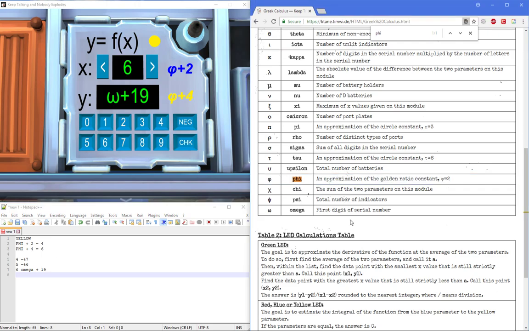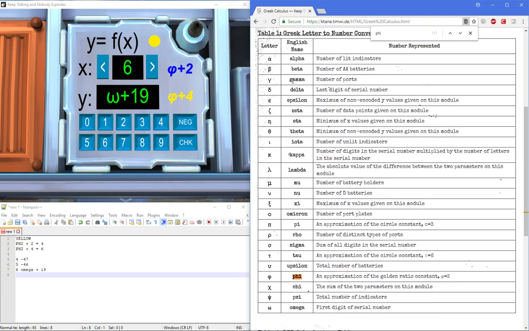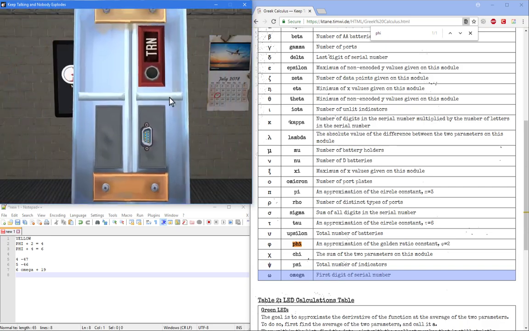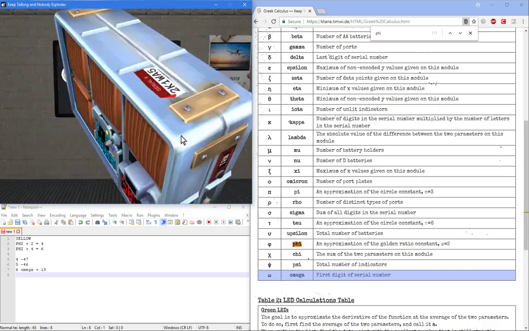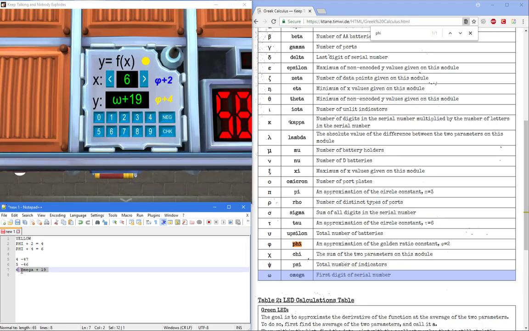So the only number we gotta figure out is omega plus 19. Omega being, let's see, the first digit of the serial number. First digit of the serial number is a 2. Yep, it's a 2. So 2 plus 19 is 21. So this is 21.